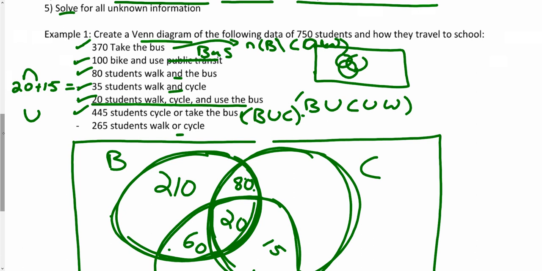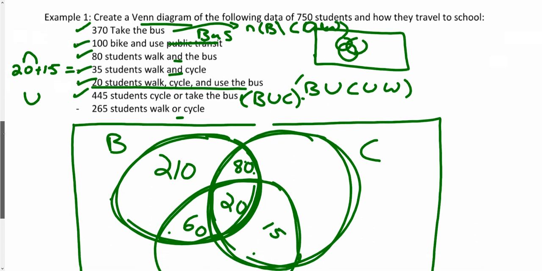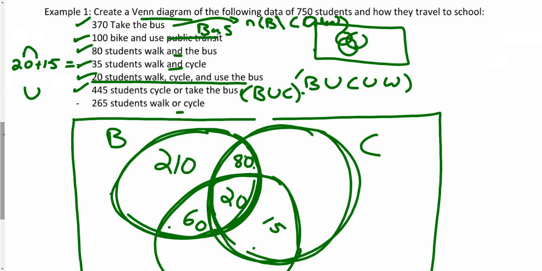Sorry guys, I'm dyslexic. So that'll be everything, not just the intersection. This 445 has to add up both of these rings, everything in them. So I'll mark in blue what has to add up: 1, 2, 3, 4, 5, 6 regions.